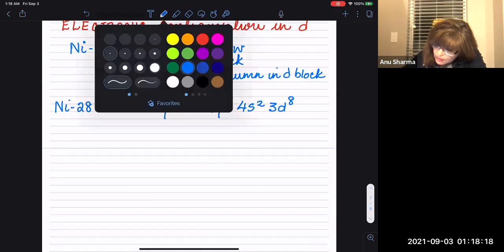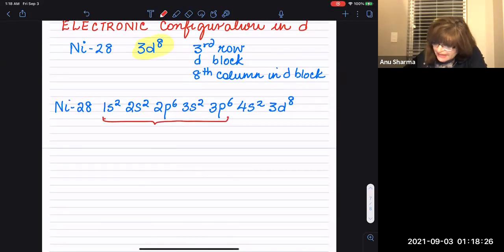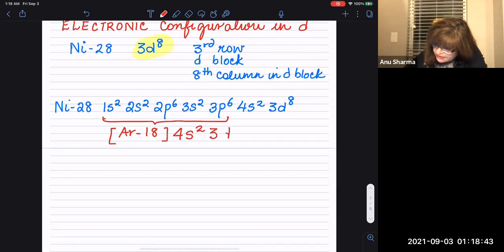So if you add these, this is 18 electrons and these 18 electrons represent argon, which is a noble gas. So you can also write this as argon in square brackets, 4s2 and 3d8.